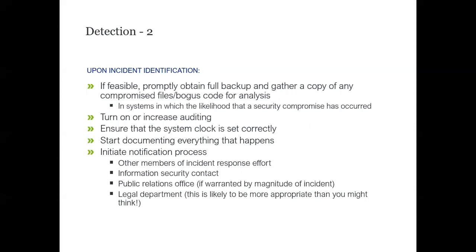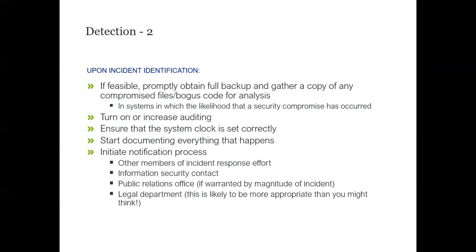We need to turn on or increase the auditing. If a certain thing is happening most frequently, we need to increase our auditing. We need to ensure the system clock is set correctly. We need to start documenting, because documentation is very important in an incident.